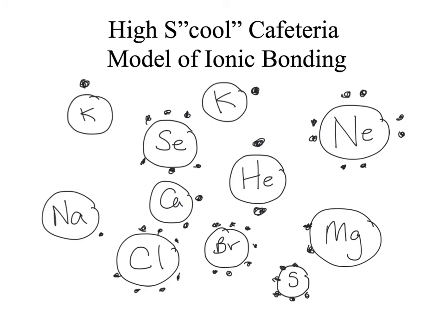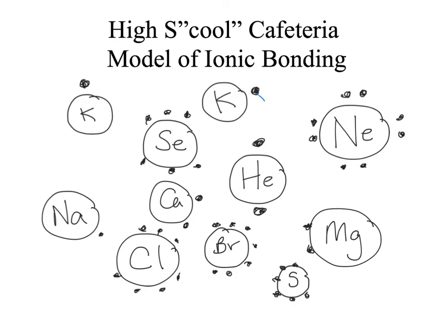So in order to get full tables, what these elements that don't have full valence shells are going to do is connect with other tables, with other elements, to create full tables. So let's look at selenium here. It has 6 valence electrons. In order to get 8 chairs, it's going to look at other atoms who are going to donate their electrons. So potassium has 1 electron.